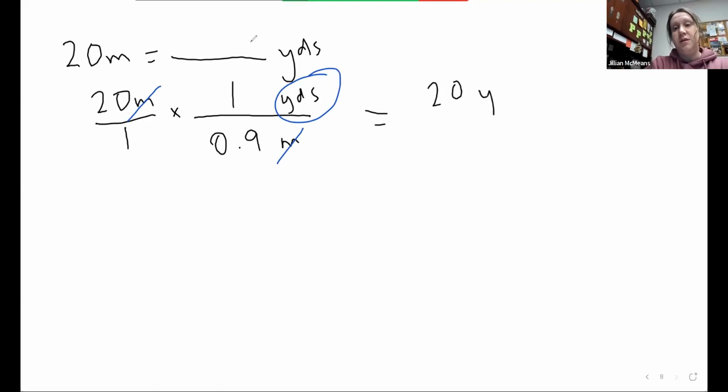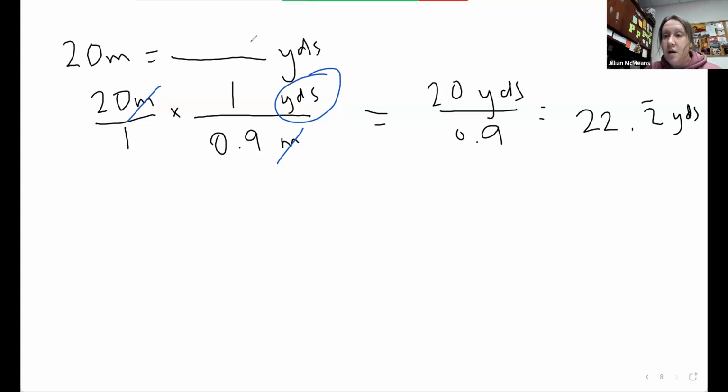So 20 yards. My denominator is 1 times 0.9. And then I can just do the division on my calculator. Again, show me your setup and then you've earned the right to use your calculator. So 20 divided by 0.9, and we get 22.2 repeating. So if we have 20 meters, that is approximately, or we can say it just is 22.2 repeating yards. All right, and that is your final answer right there.